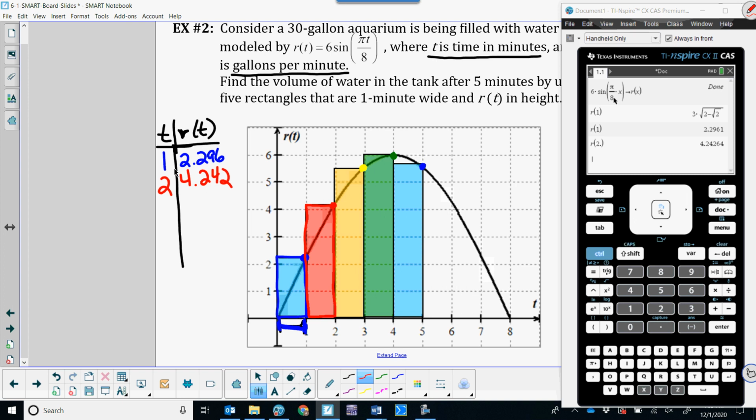And then we'll just keep going. So we'll do R of 3, R of 4, and R of 5. And remember to stick that decimal point and then hit enter. So for 3, we get 5.543. And then for 4, again, just stick a decimal point there.